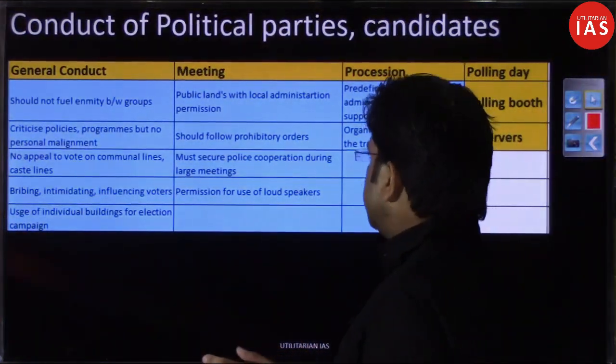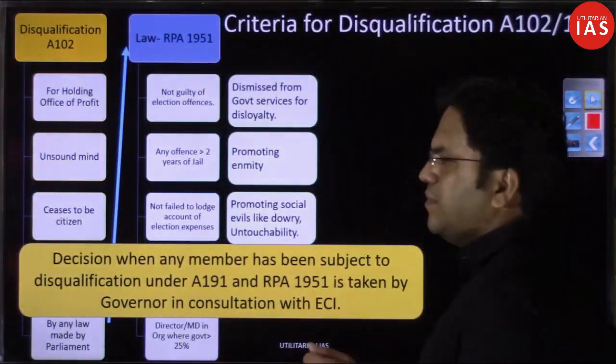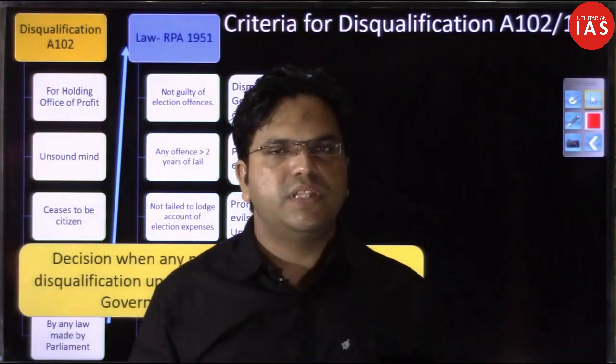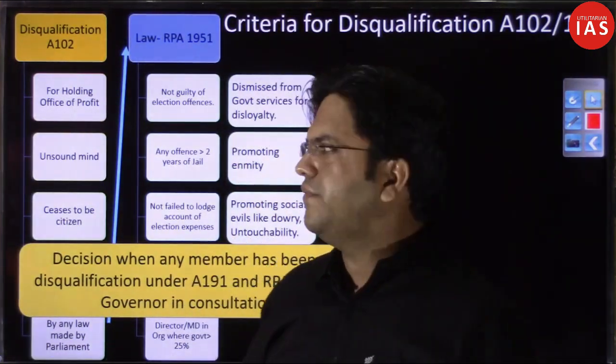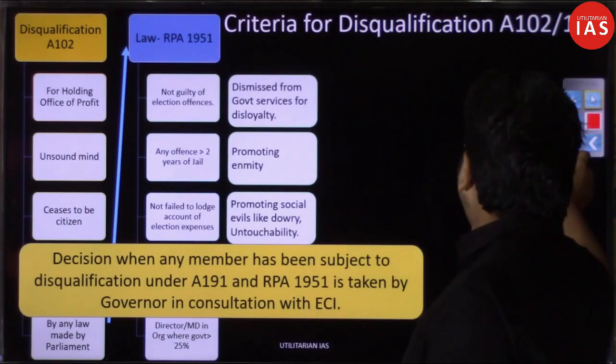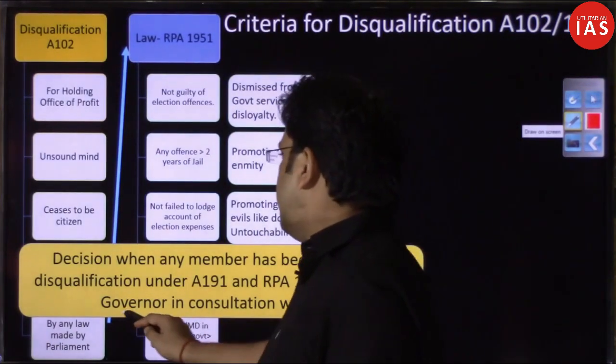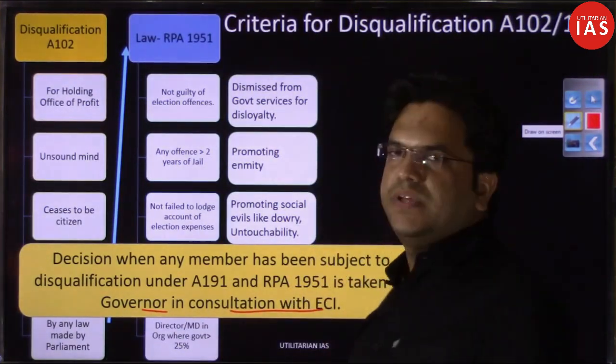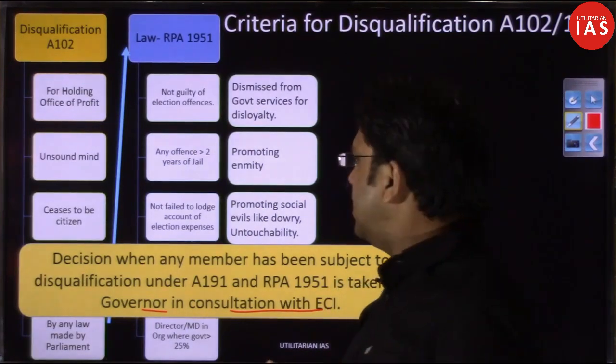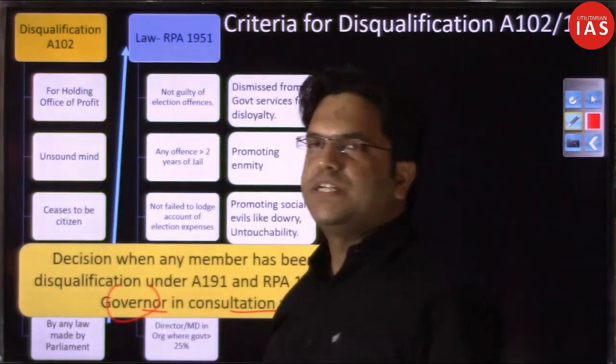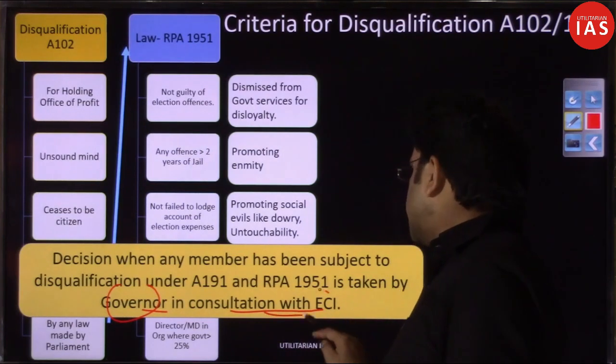With this we are wrapping up this lecture. Who will take the decision whether a member of the Legislative Assembly or Legislative Council has been subjected to disqualification or not? That decision will ultimately be taken by the Governor in consultation with the Election Commission of India. The final decision will be the Governor's, but he needs to have the opinion of the Election Commission of India.